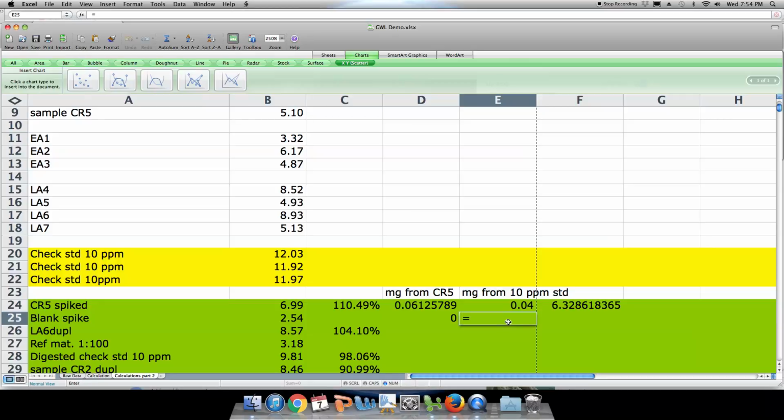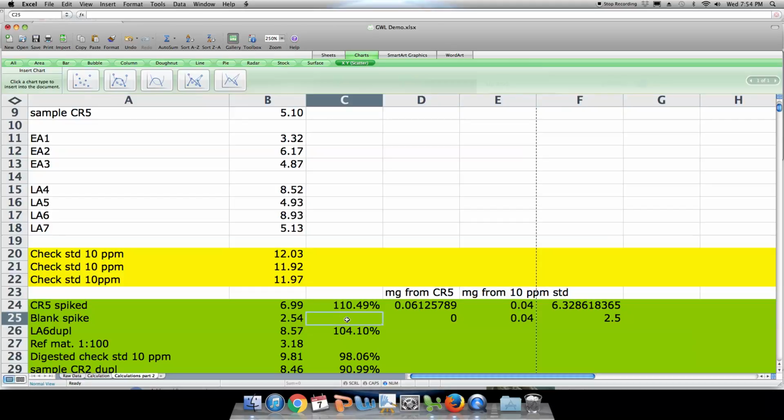And we had 0.004 liters of standard times 10 milligrams per liter, which we're now going to divide by 16 milliliters, and we get 2.5.